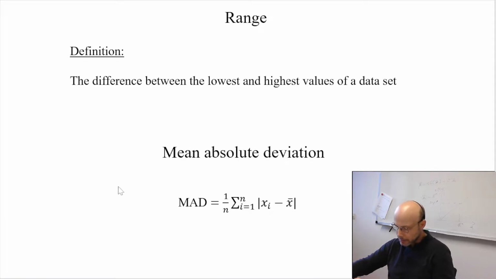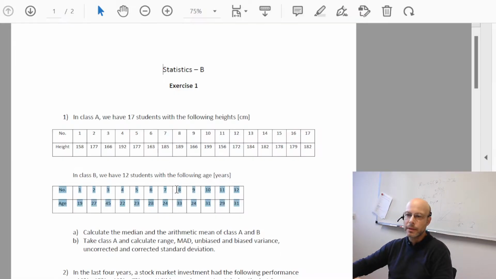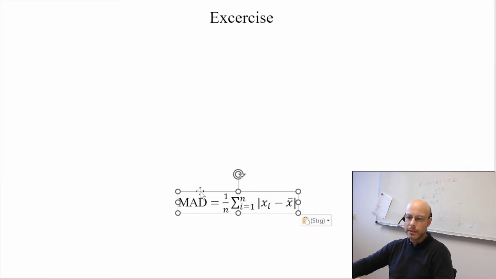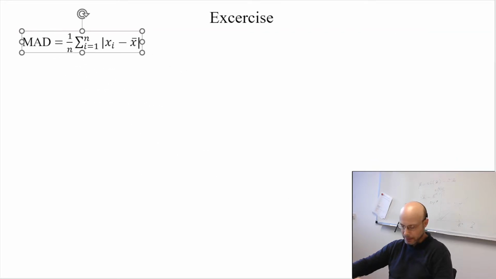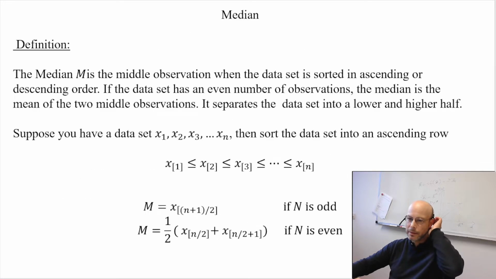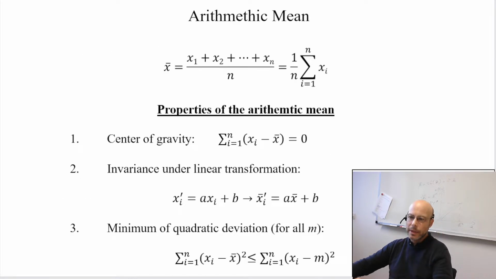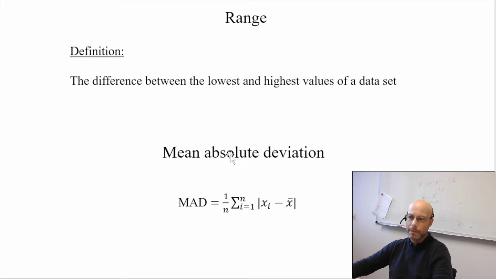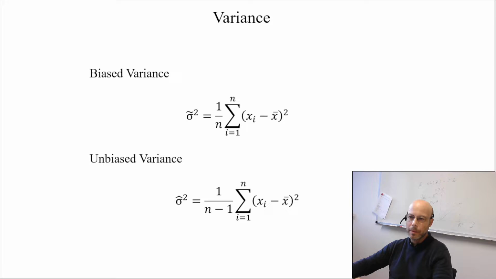This was the mean absolute deviation, not the variance. This and biased and unbiased variance.